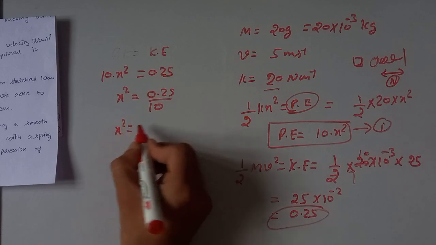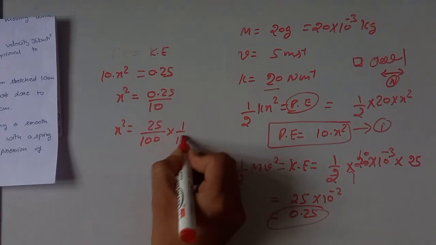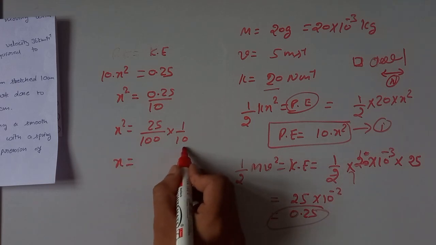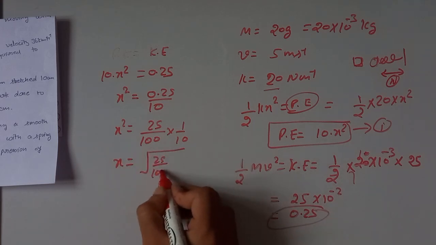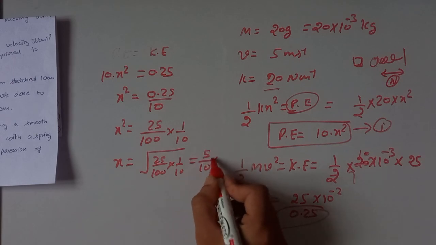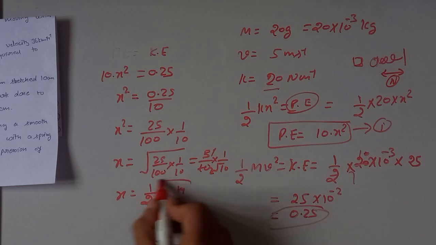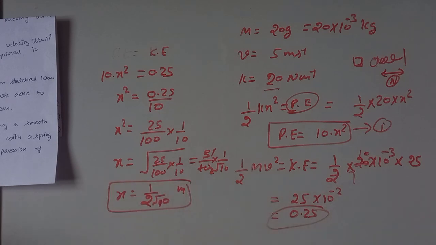Here x squared is equal to 25 divided by 100 into 1 over 10, so x is equal to the square root of 25 over 100 into 1 over 10, which is equal to 5 over 10 into 1 over root 10. 5 on the 5 twos are 10. x is equal to 1 over 2 root 10 meter. This is our distance.